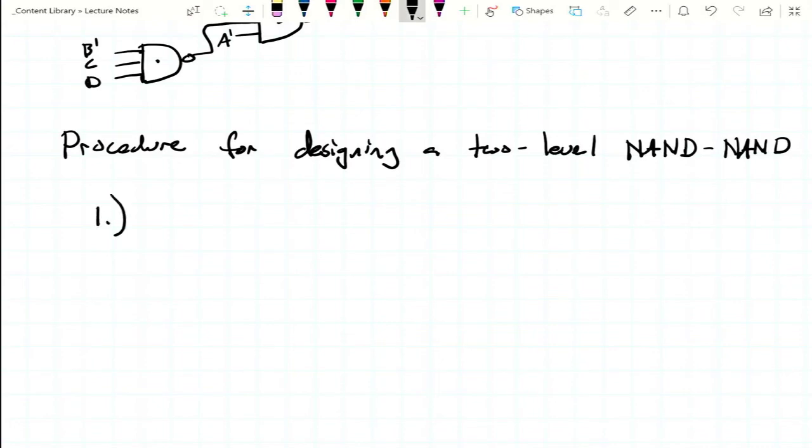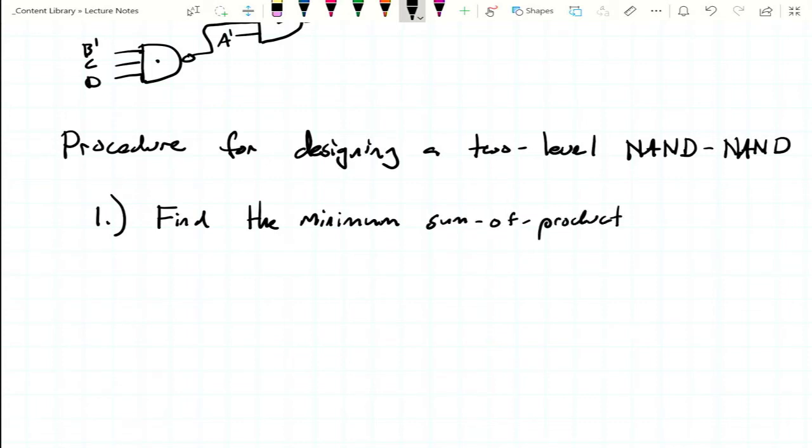Step 1: find the minimum sum of products Boolean expression.